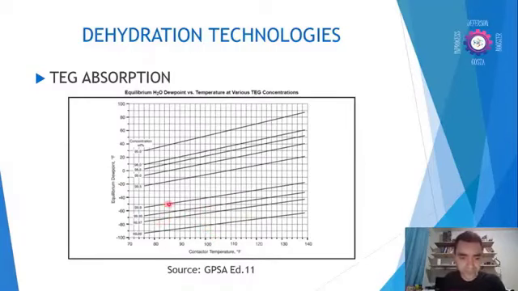So, for instance, I need to have a dew point of minus 40 Celsius degrees or minus 40 Fahrenheit degrees. If I use a TEG with purity of 99.9, or a TEG with purity of 99.995, I have this range of operation and I can reach the desired dew point in my product.